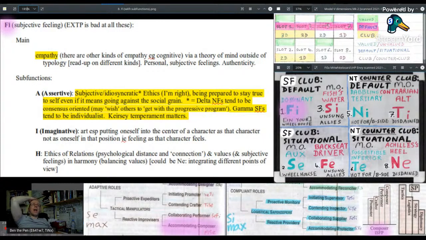What I would say is the primary difference, from a function point of view, if we're going to compare ISFP and INFP, the big thing to look at first is artisan versus idealist.